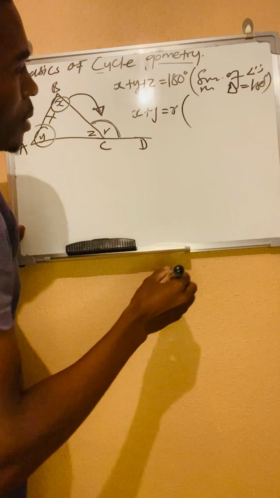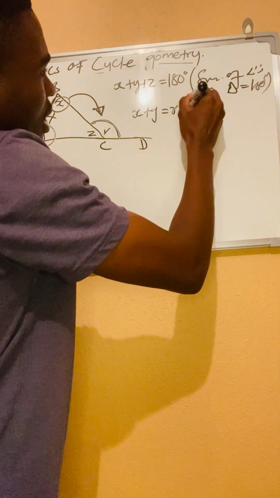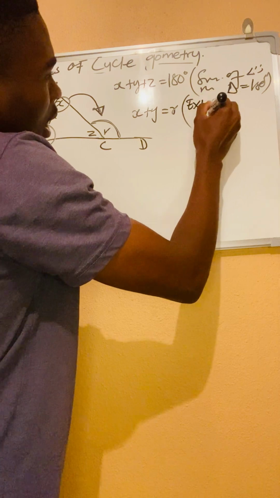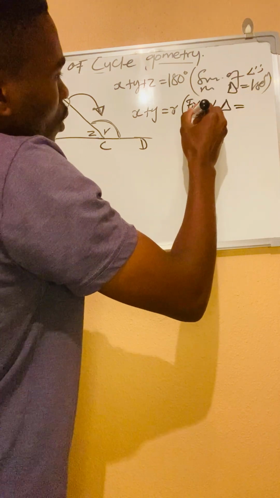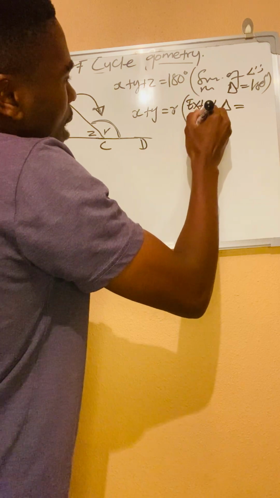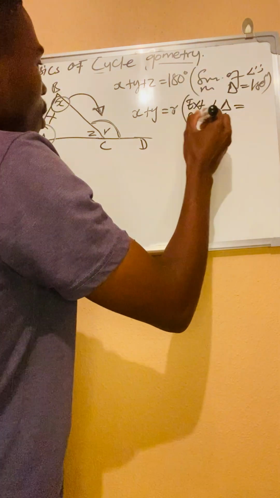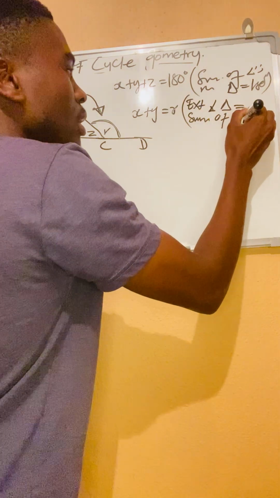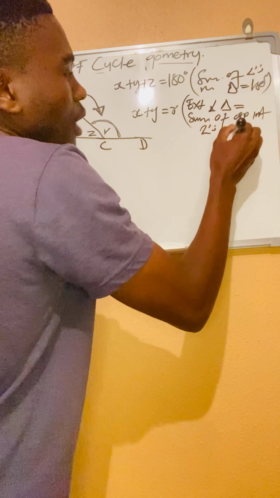The reason is that the exterior angle of a triangle is equal to the sum of the opposite interior angles of a triangle.